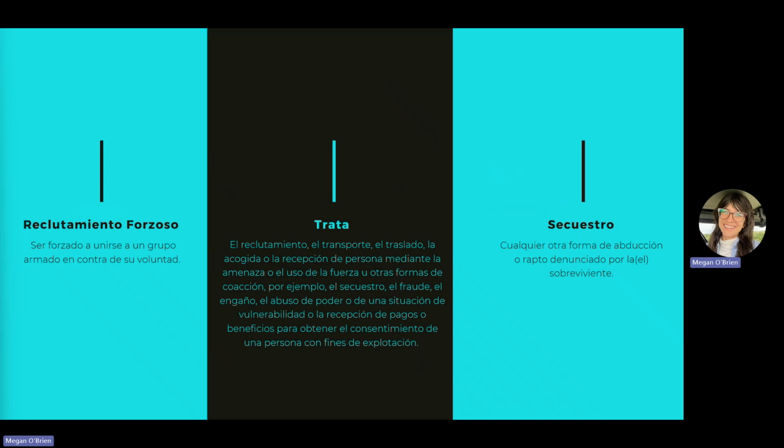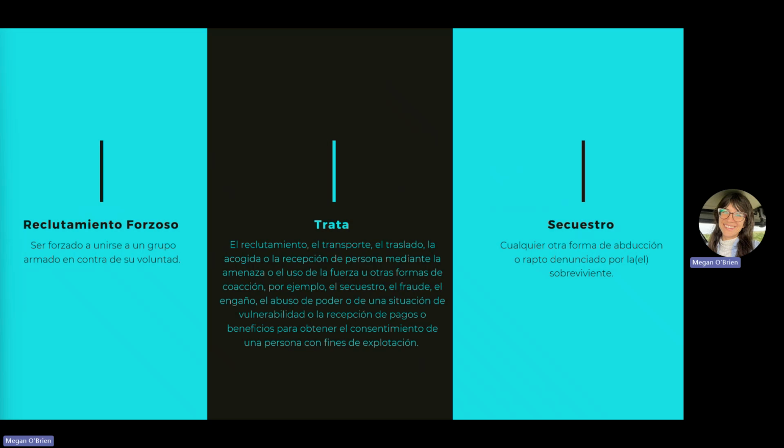will. It could be trafficking, which we define as the recruitment, transportation, transfer, harboring, or receipt of persons by means of the threat of use or force or other forms of coercion, of abduction, of fraud, of deception, of the abuse of power, or of a position of vulnerability, or of the giving or receiving of payments or benefits to achieve the consent of a person having control over another person for the purpose of exploitation.